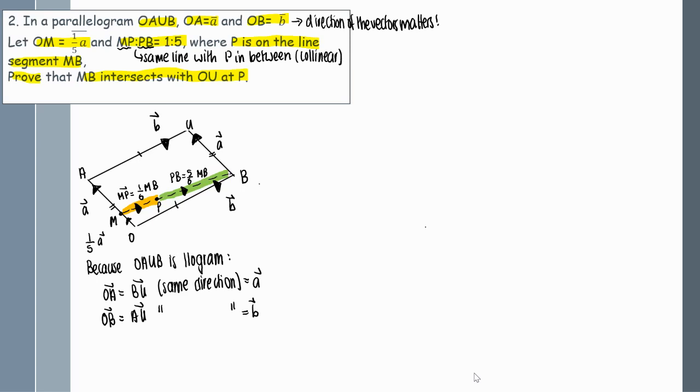So now the arrows are in, we've got MB and the point P. We've got to prove that MB intersects with OU at P. Basically, we're just trying to say that that point P lies on the diagonal OU. So we need to prove, again like collinearity, that OP is parallel to PU, where P is the common point of both of those vectors.